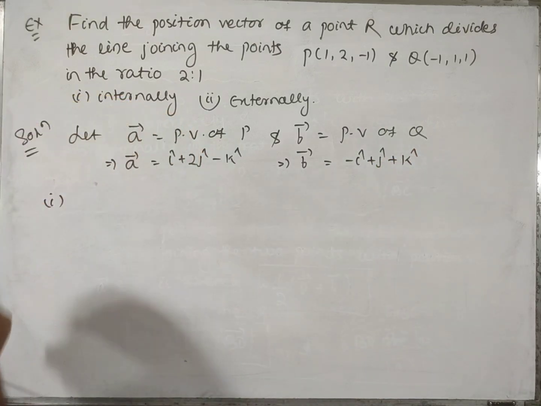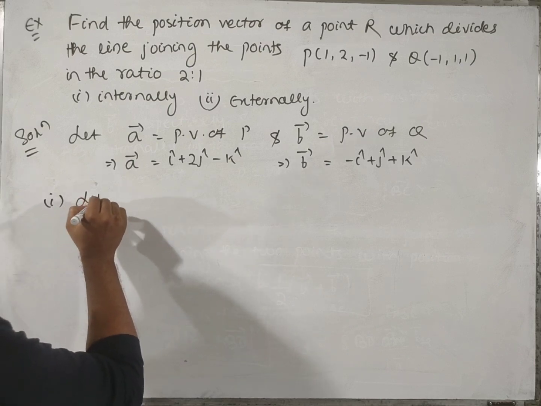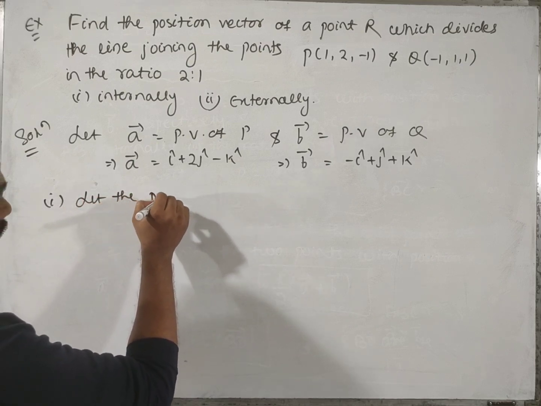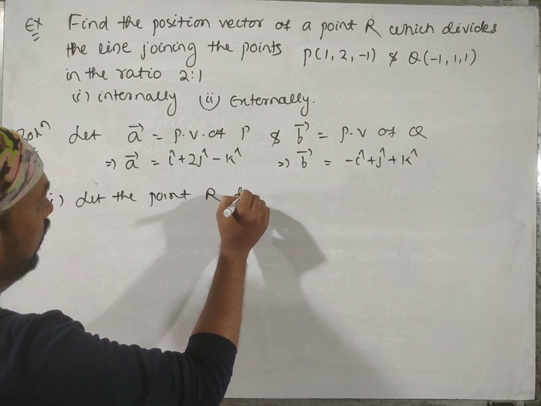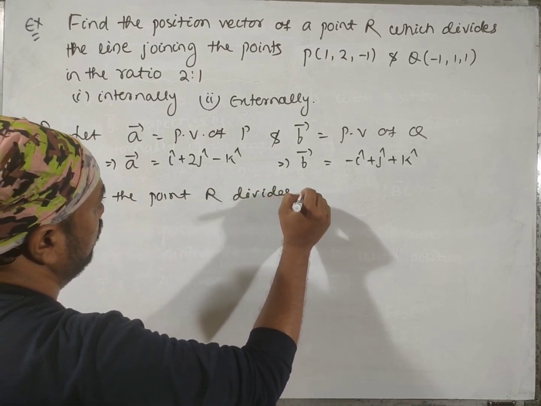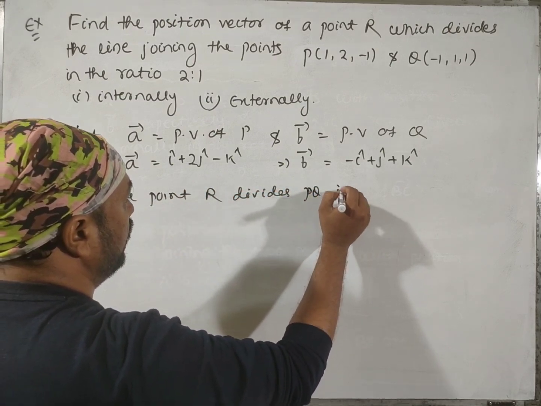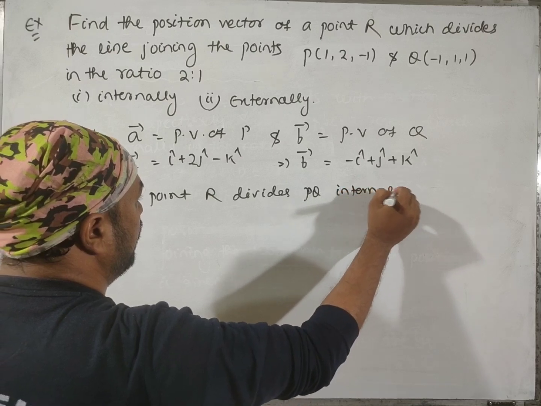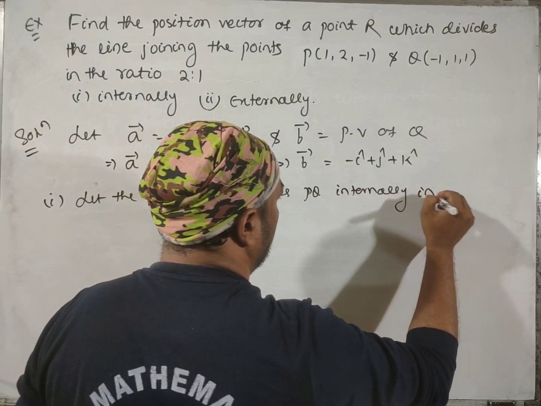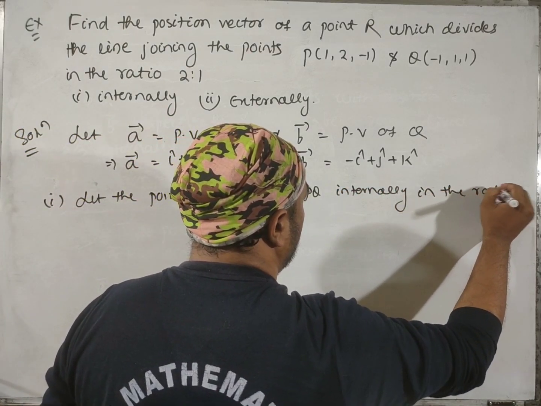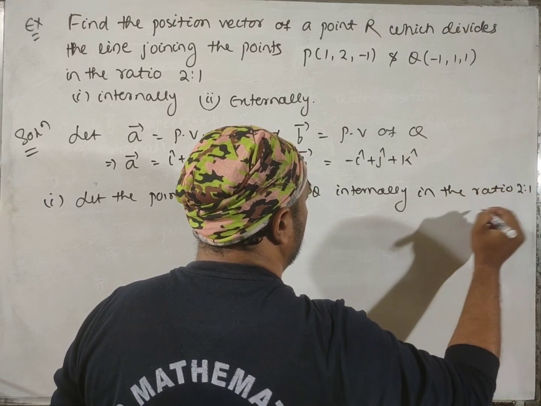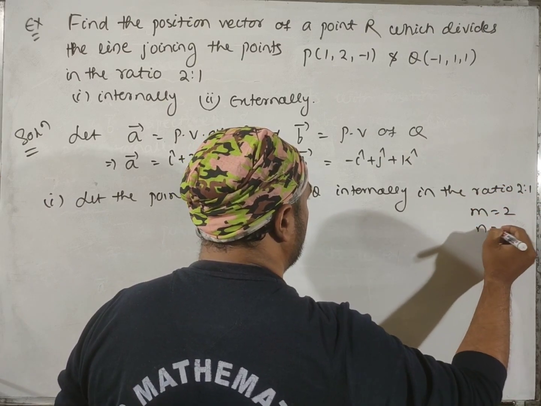First of all, we go through the internal division case. Let the point R divide PQ internally in the ratio 2 is to 1, that means m is equal to 2 and n is equal to 1.